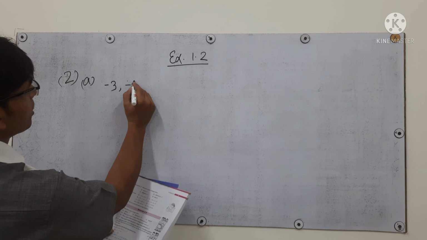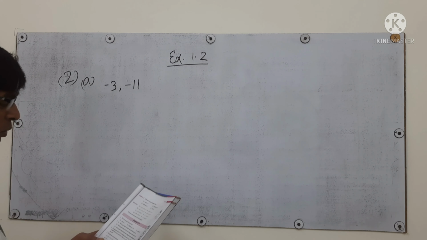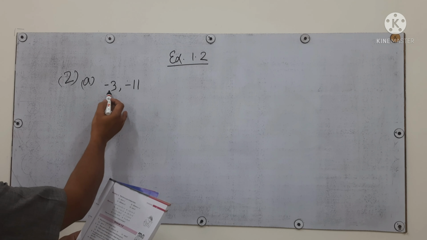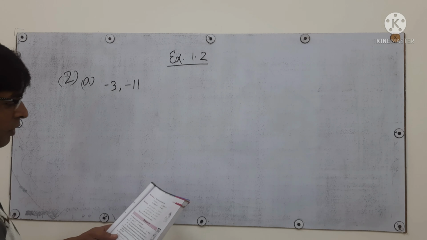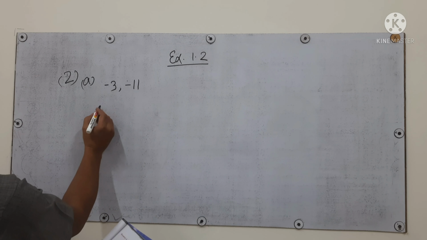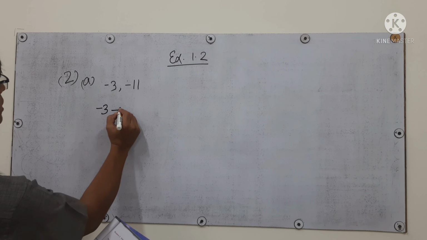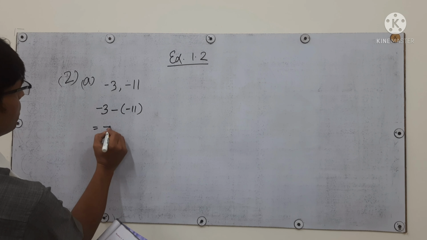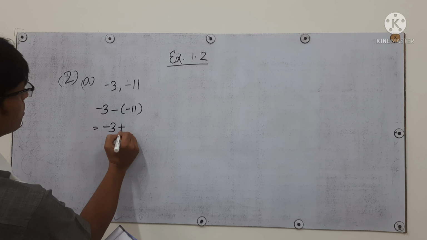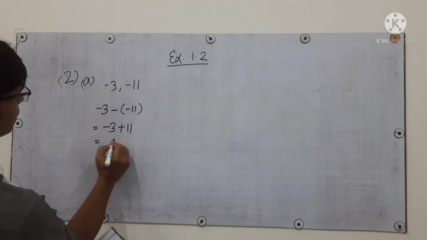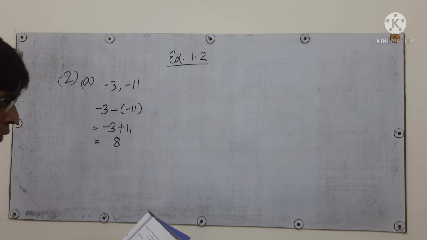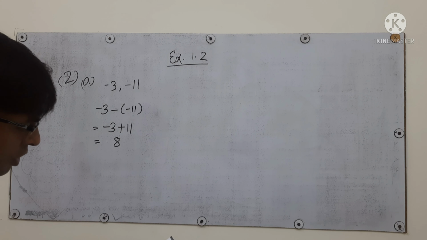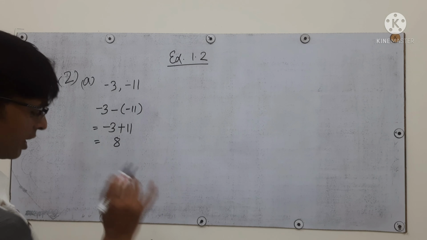Yes, -11. So the pair of integers is -3 and -11, and now we will find the difference. -3 minus (-11): minus minus becomes plus 11, and it will be 8. So -3 and -11 can be a pair of integers whose difference gives 8.